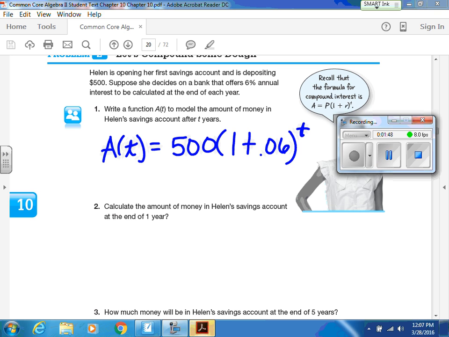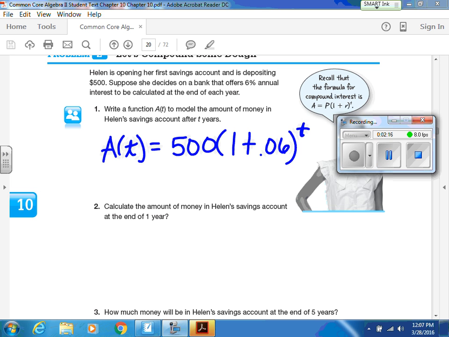She did 500 times 1 plus 0.06. Does anybody know why it's 1 plus 0.06? It's always 1 plus your interest rate. Because if I deposit $500, at the end of the year how much money will I have? More, right?